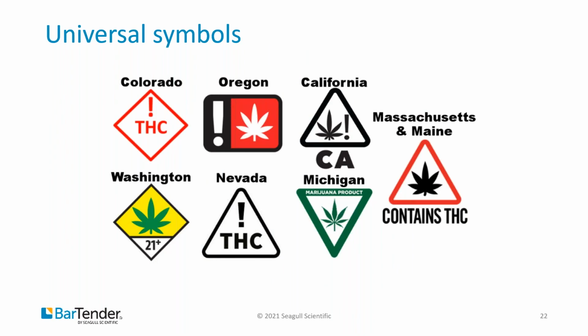So these are called universal symbols, which is kind of an ironic title because they vary state to state. They're not universal, but these are easily recognized icons that will tell regulators, consumers, and retailers whether their product is approved for sale in their state. And now that we have 18 legal adult use states, we have 18 icons.